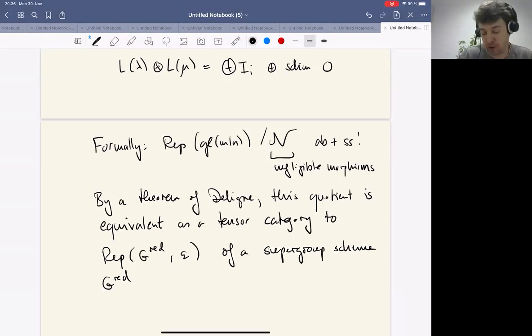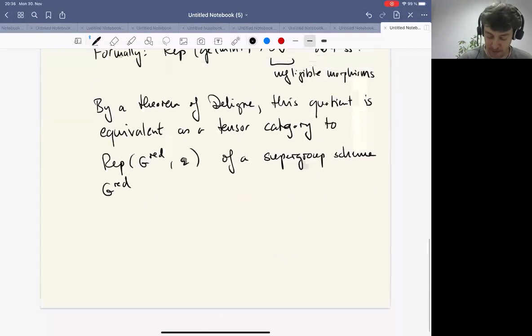But one should not consider the whole category Rep GL(m|n). One should go to a simpler subcategory. One should go to basically the subcategory generated by the irreducible representations.